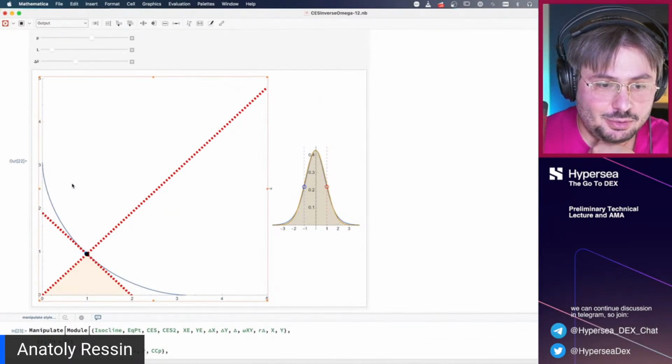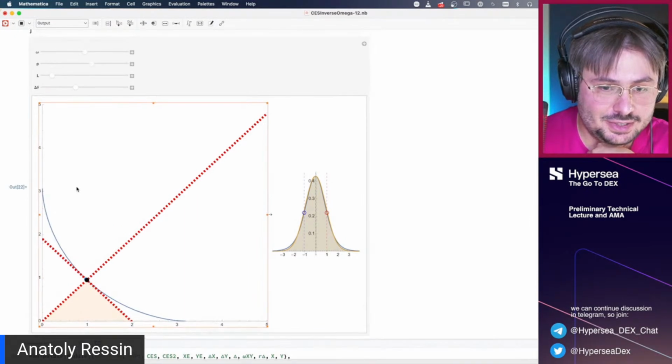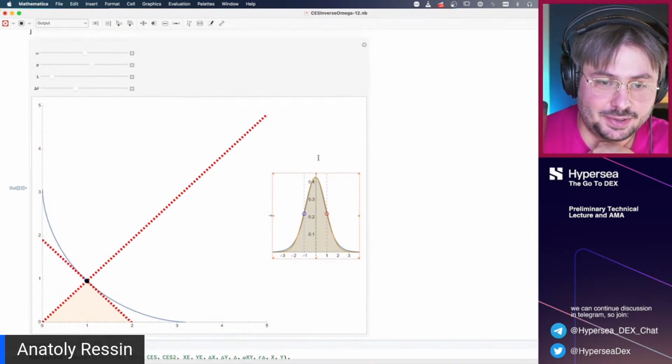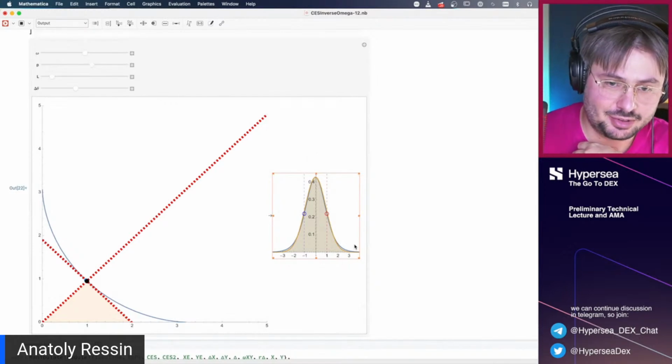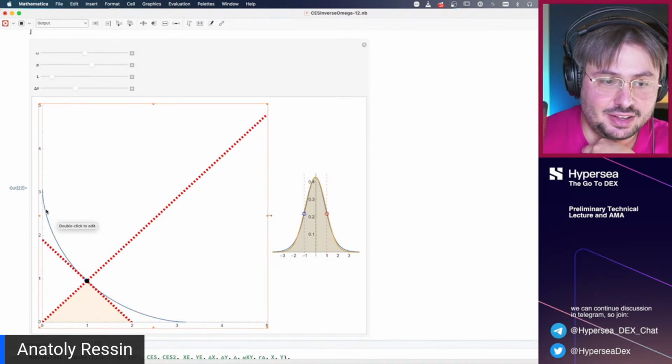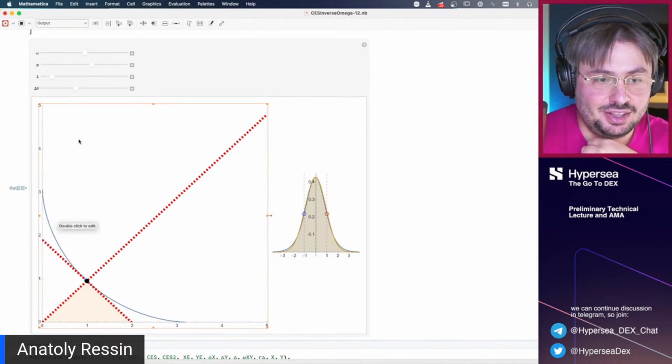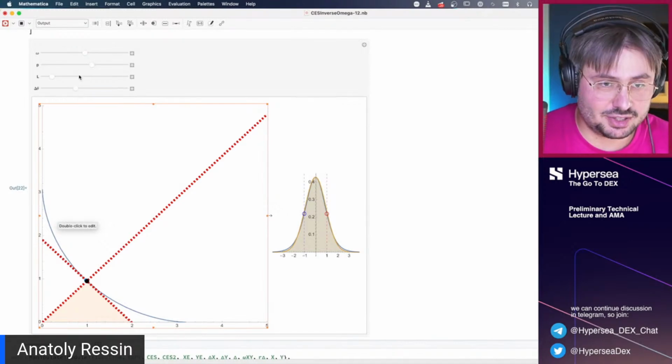This is the formula that allows us to represent... I will cover this graph separately, but let's just think about this blue curve. And this blue curve can be easily changed by modifying just two parameters.